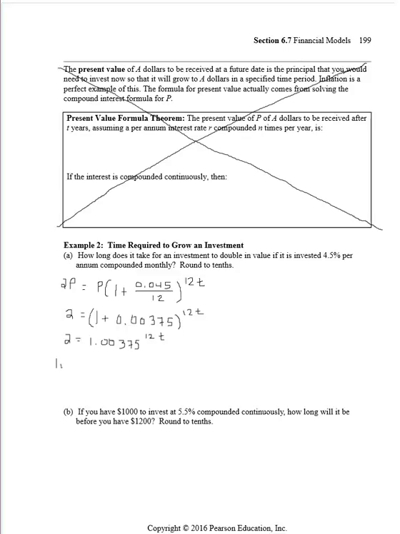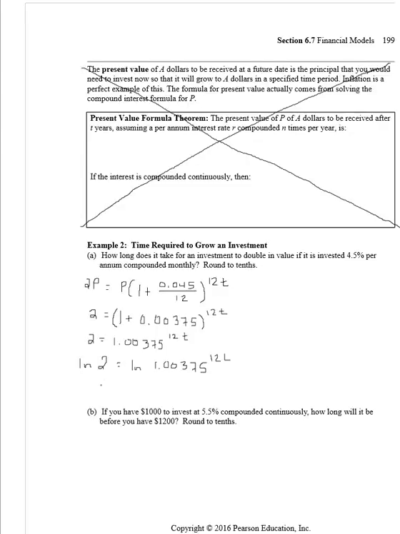So if we take the natural log of both sides, the natural log of 1.00375 to the 12t. So anyway, natural log of both sides. Now we can bring our exponent down in front like usual.